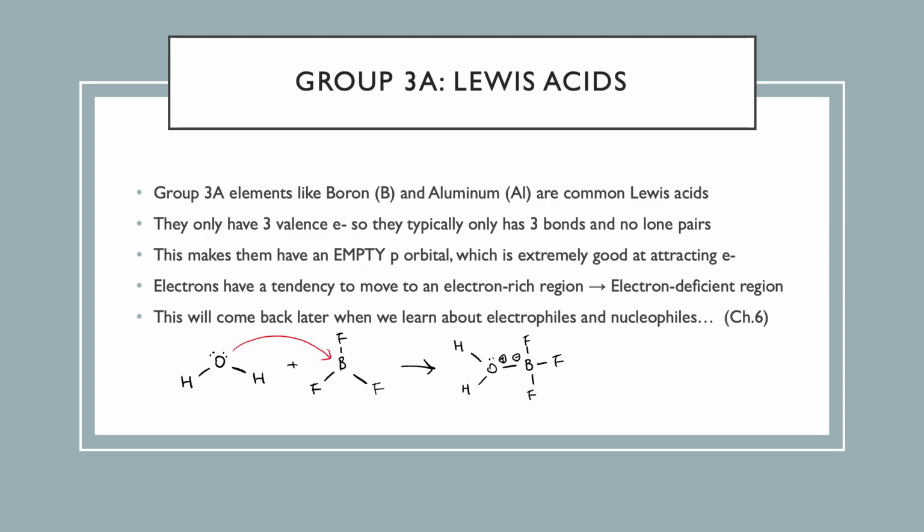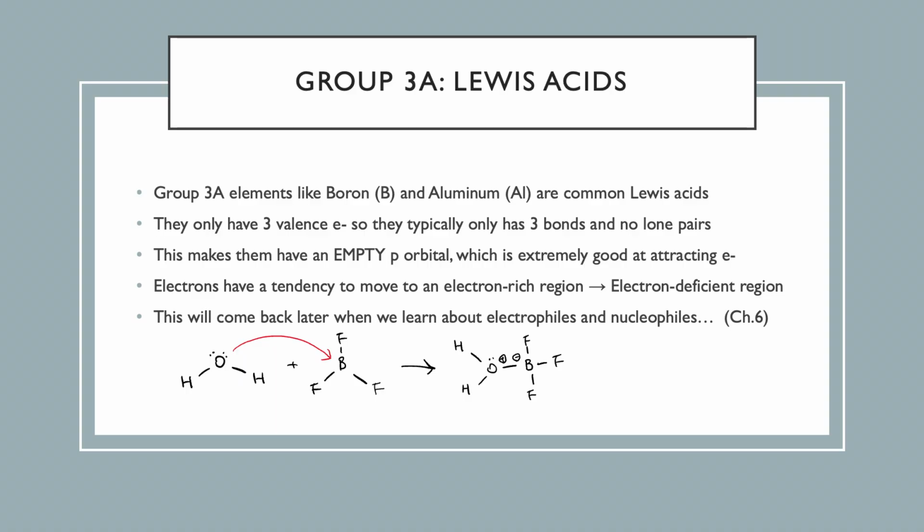A little more about Lewis acids. I'm not sure if your professor will cover this a lot, but at least in my summer session we did, and it is pretty important as it shows up later in Ochem. Common Lewis acids you'll see in this course are group 3 elements like boron and aluminum.